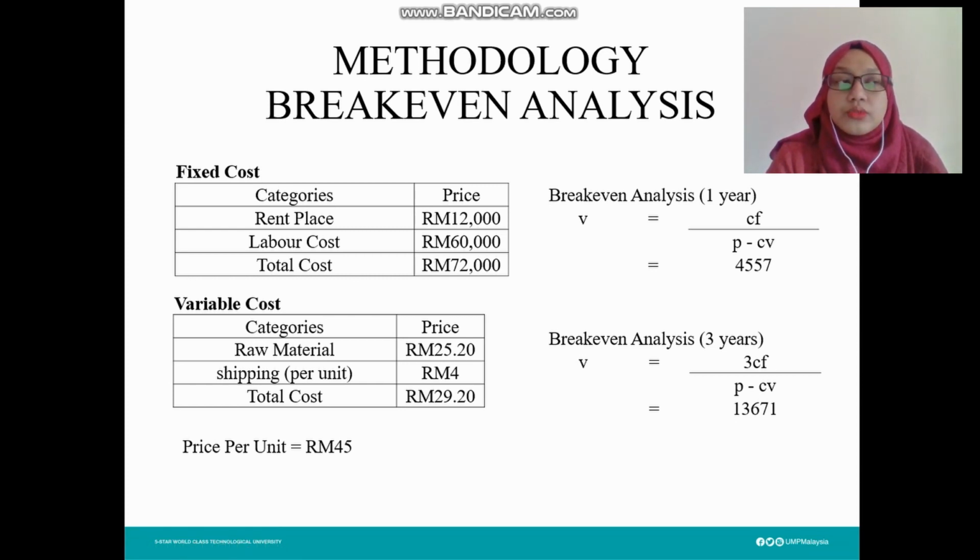So in order to cover the whole year of the fixed cost and the variable cost, we need 4,557 units. This is only for 1 year. For 3 years, we multiply the break-even of 1 year by 3, so the break-even for 3 years is 13,671 units.